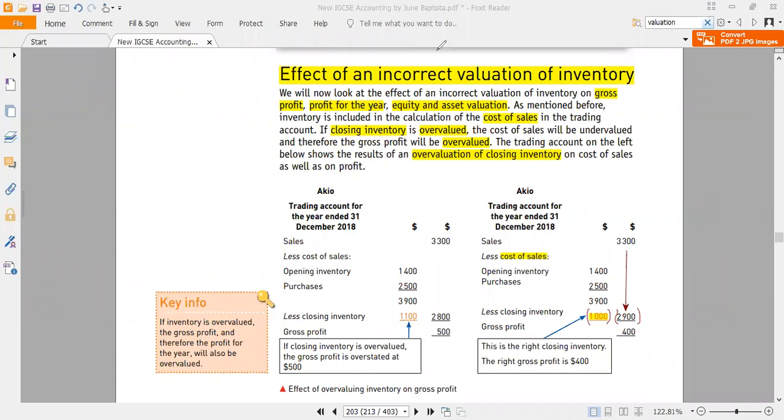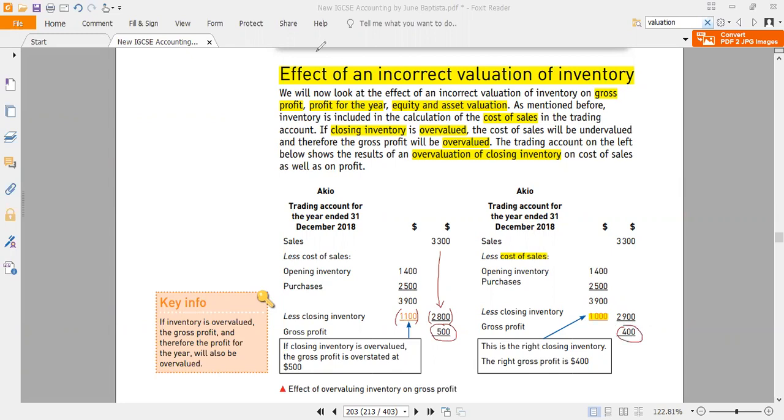Instead of writing 1000, by mistake you have recorded how much? 1100. So what will happen? Other things remain the same. And when you subtract 1100 from 3900, you will get 2800. So once you subtract it from 3300, what will happen? Your profit is 500 instead of 400.